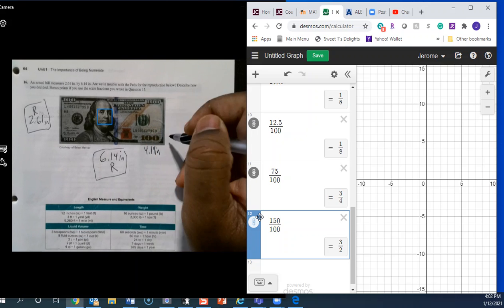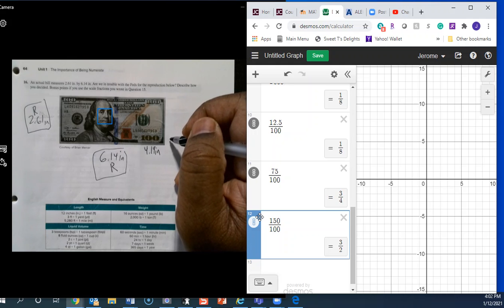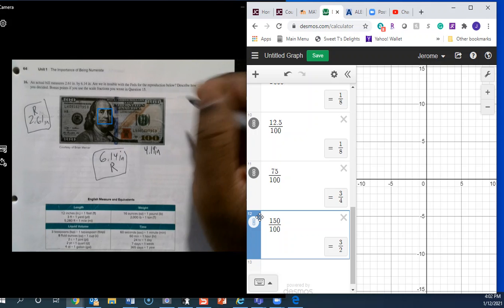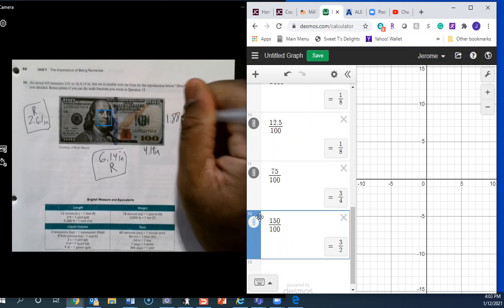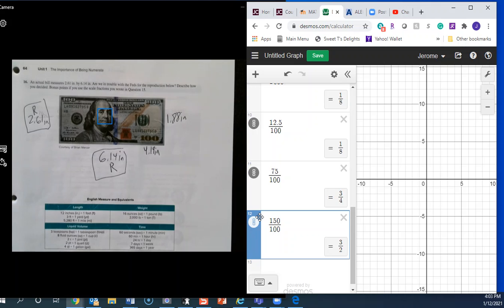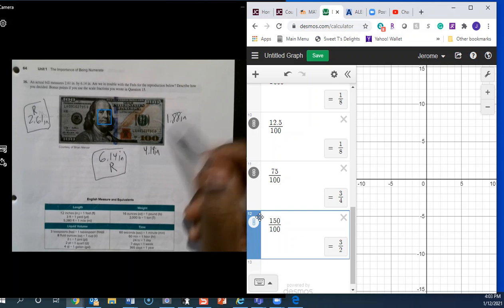And then this side here will actually be, I believe, 1.88. Okay, so that is what this bill is.